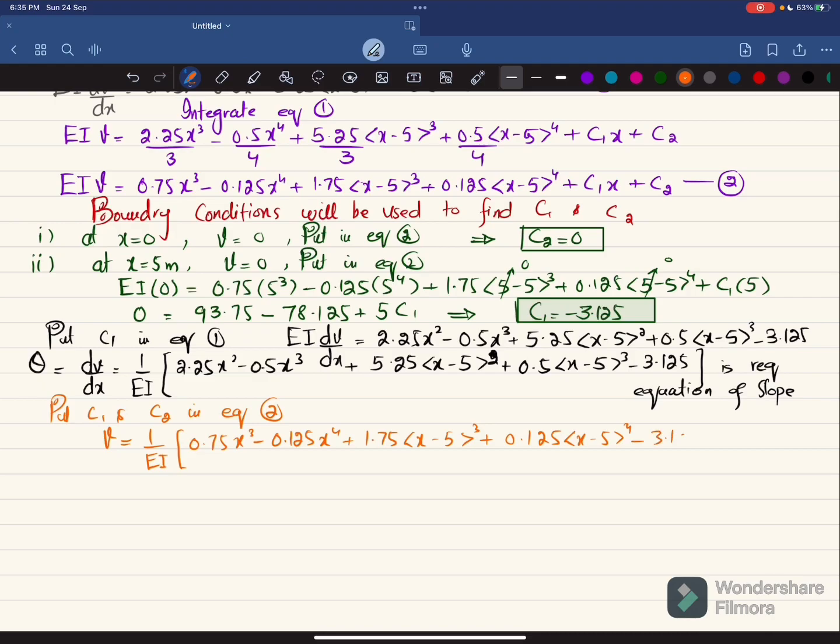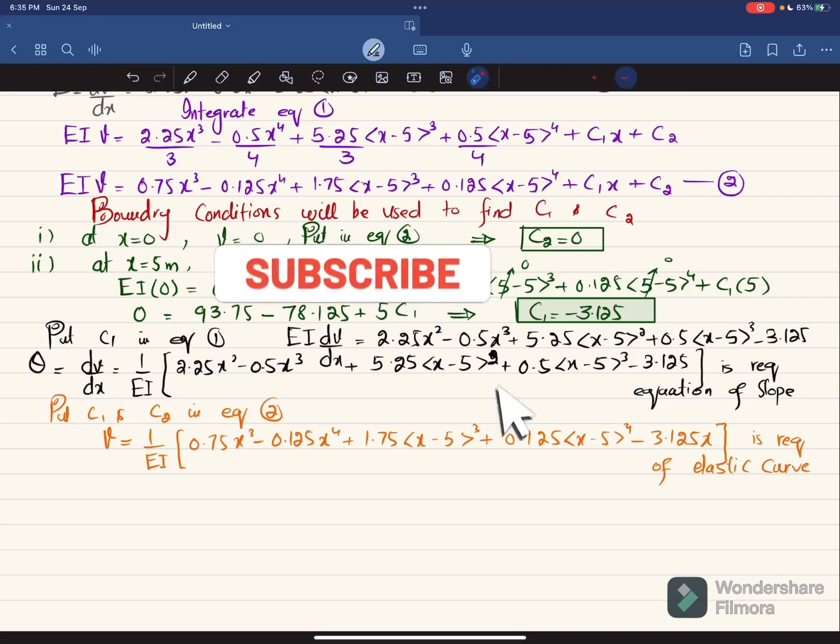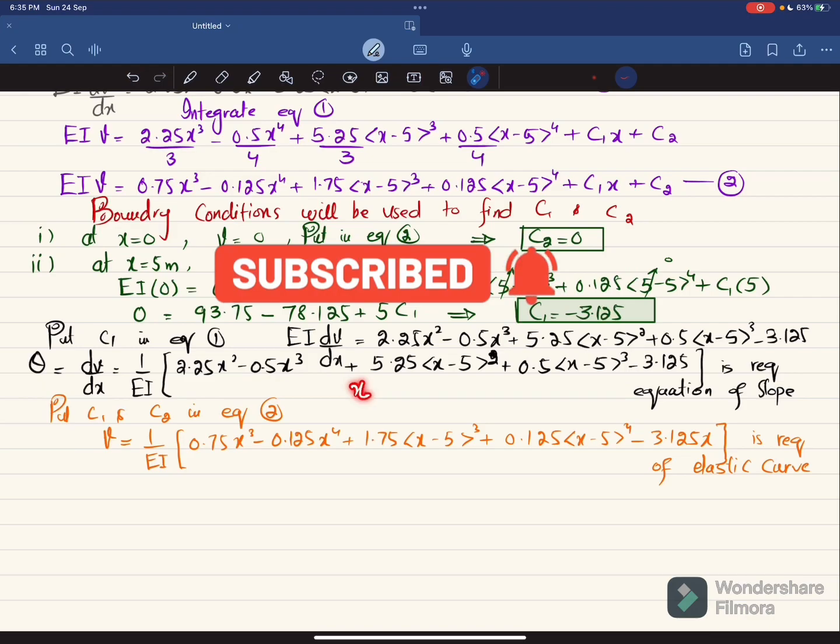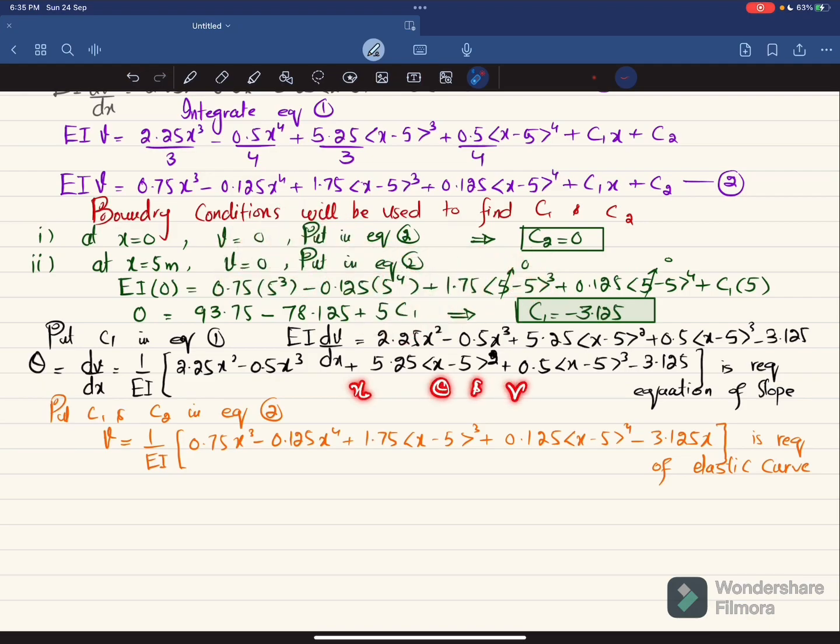So C1 is minus 3.125x and C2 is equal to 0. And this is the required equation of deflection or required equation of elastic curve. If you want to find the slope and deflection at any distance x, just put the value of x over here, you will get the slope at that distance. And if you want deflection, put x in this deflection formula, so you will get the deflection at that point.